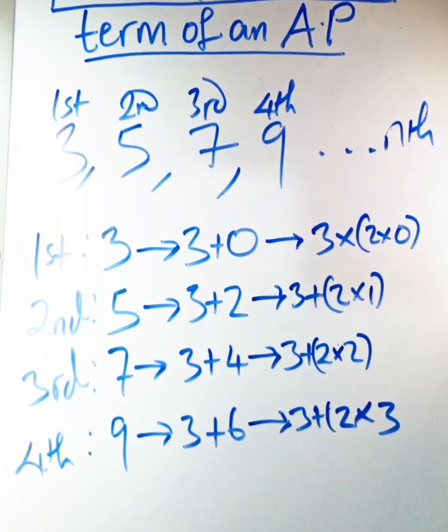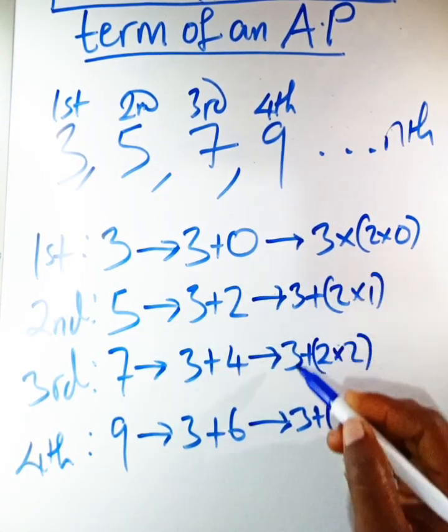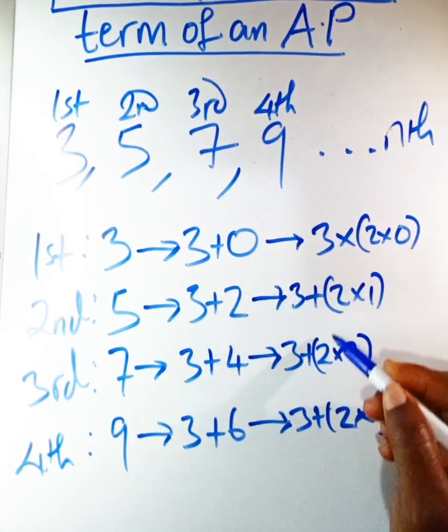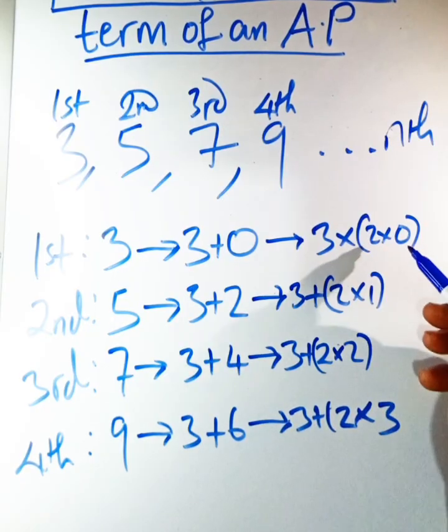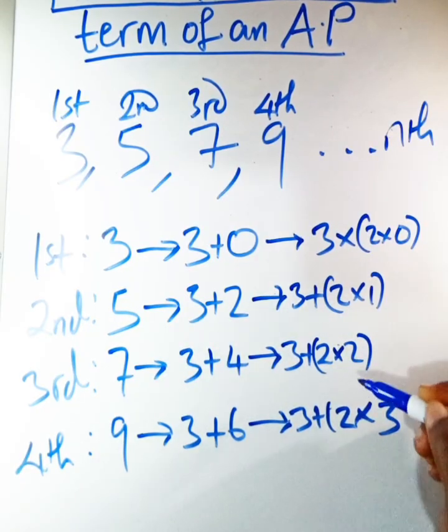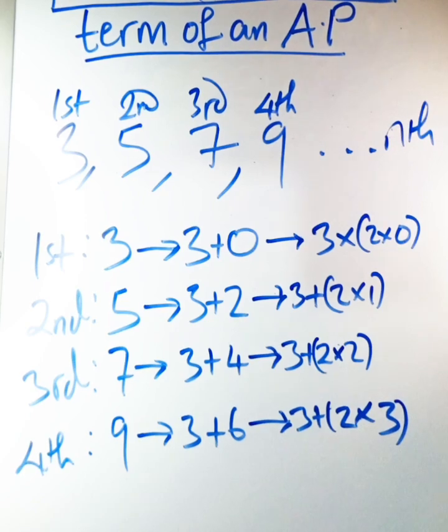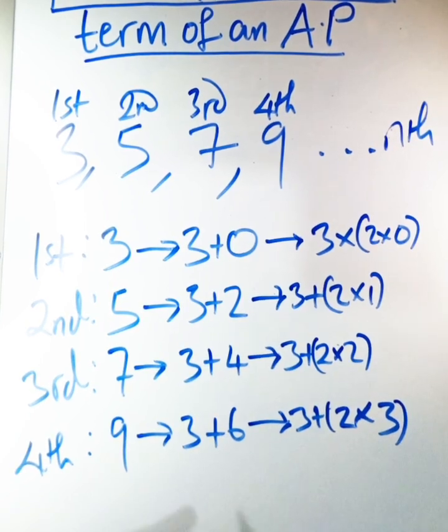Do you notice a pattern? Well, we have all 3's here. We have all 2's on this side. And here we have 0, 1, 2, 3, moving in sequence. So what can we deduce from this?